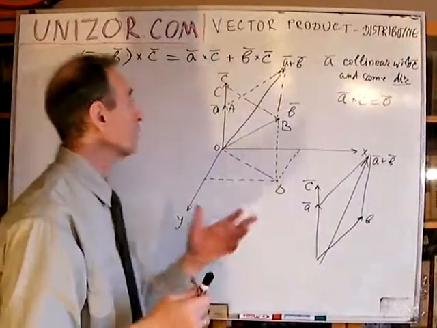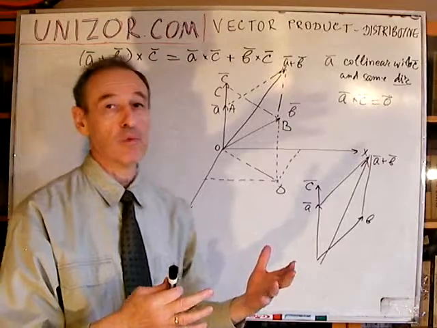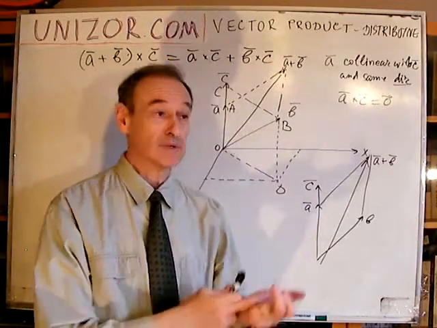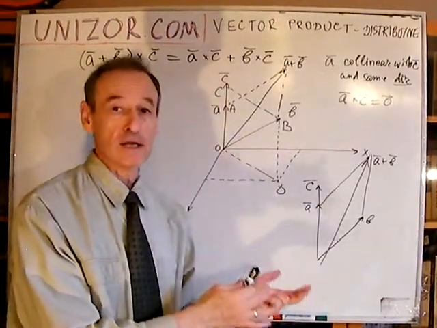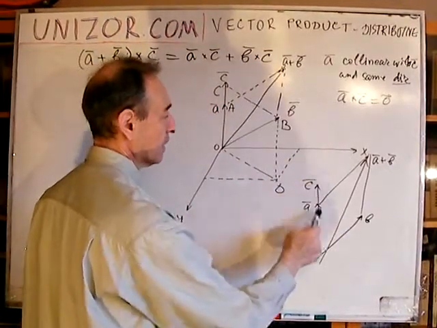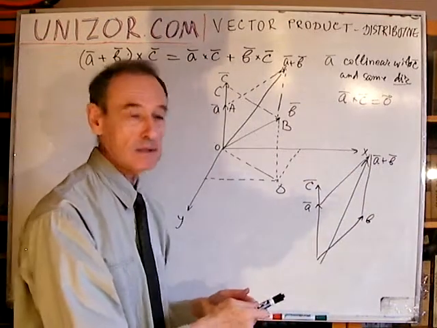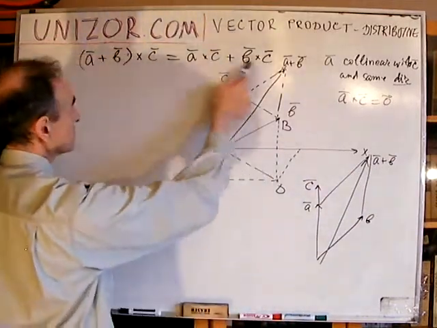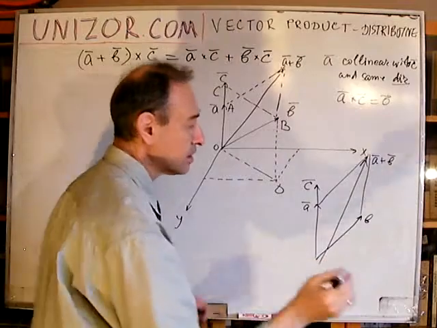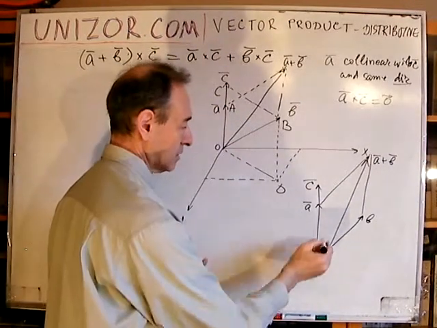So, if I want to establish the equality between these vectors, I have to establish equality in magnitude and direction. Direction has been already established, and it follows from the fact that C and B and A plus B all belong to the same plane, and all these results of the multiplication should be perpendicular to this plane, and there's only one perpendicular to a plane at this particular point.